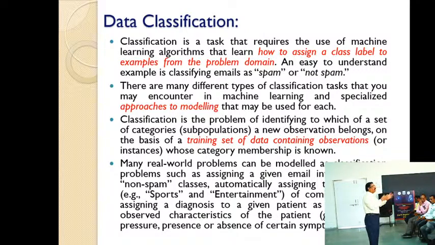Whether your classification problem is a 2-class problem, 3-class problem, 4-class problem. Suppose for example, I want to make a classification of male and female, I have only a 2-class problem. Now suppose I want to make this problem 4-class. Male and female is a 2-class problem.